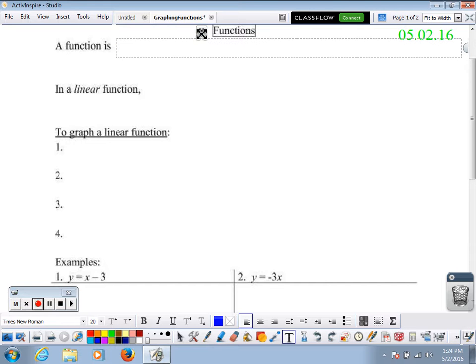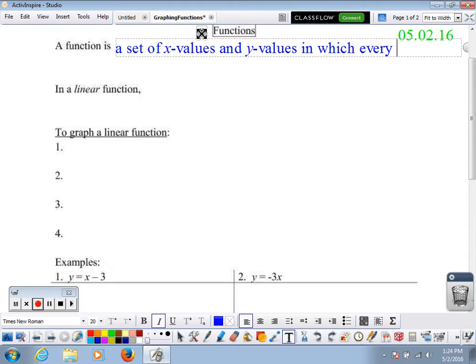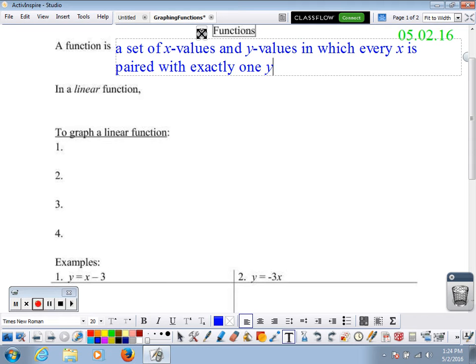A function is a set of x values and y values in which every x is paired with exactly one y.